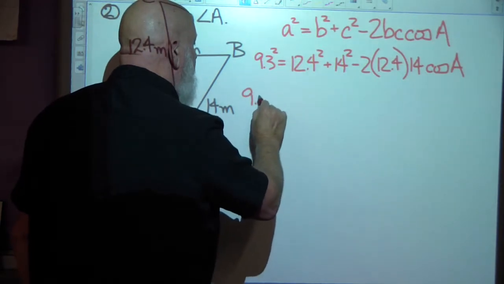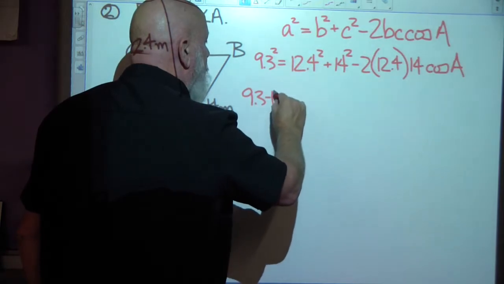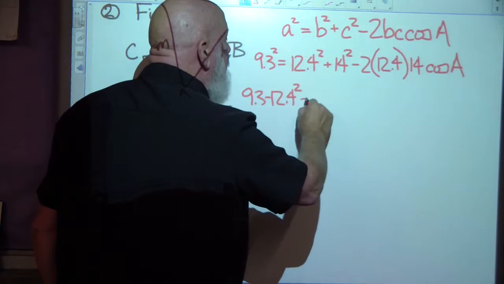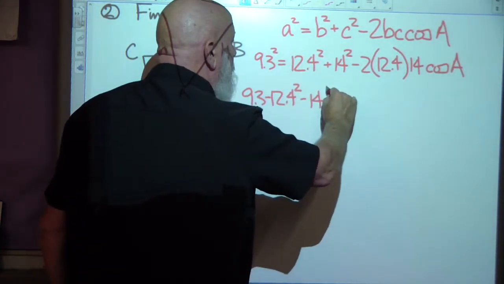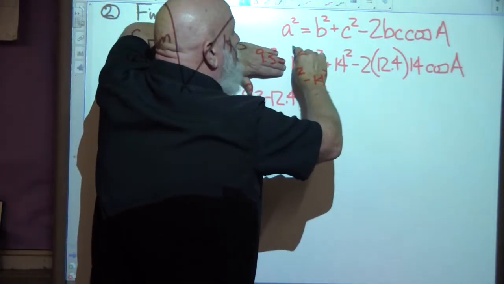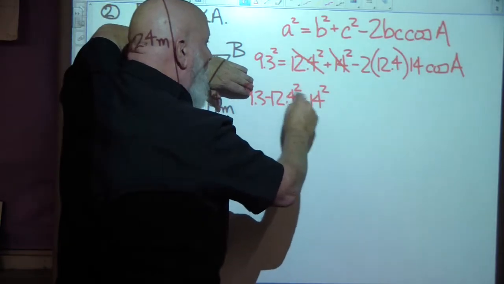So here we go. On this side, I'm subtracting 12.4 squared from both sides. I'm subtracting 14 squared from both sides. So now on this side of the equation, these two are both gone. And they showed up on this side of the equation, subtracted.